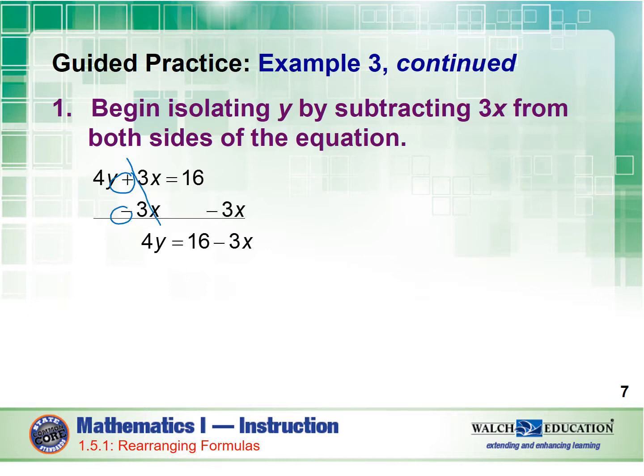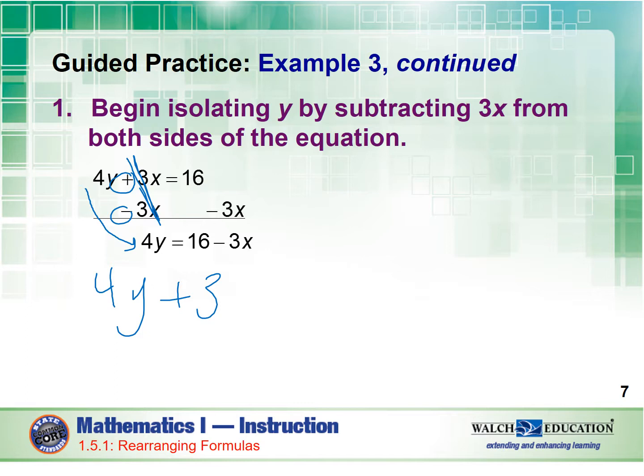So these guys cancel, which means you are left bringing down your 4y and your 16, but you're also subtracting 3x. And if I were to write it, I would say 4y plus 3x equals 16. Oh my goodness, I have to do the eraser sign again.